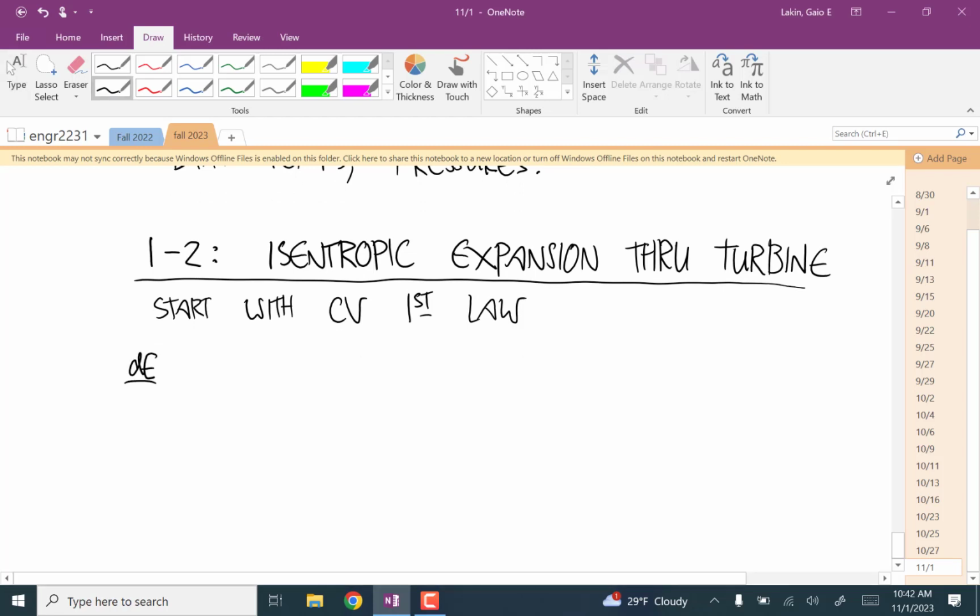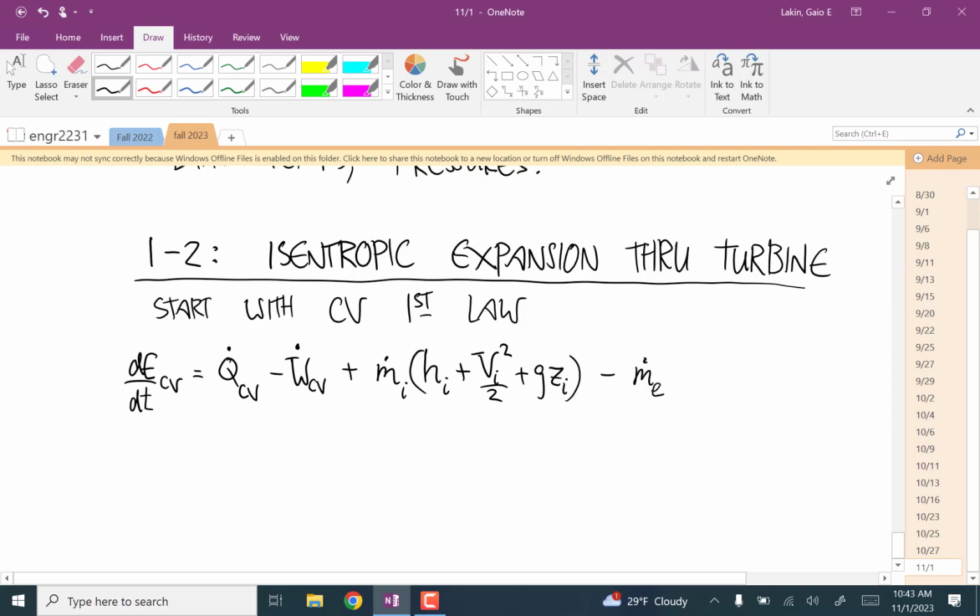So we have dE dt for the control volume is equal to Q dot minus W dot plus m_i dot times the quantity h_i plus V_i squared over 2 plus g z_i, minus m_e dot times the quantity h_e plus V_e squared over 2 plus g z_e.